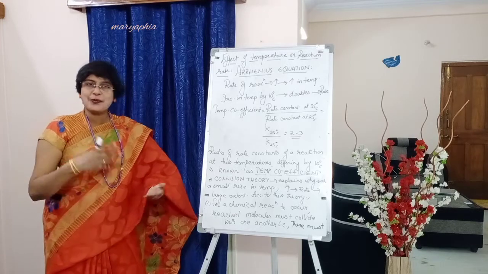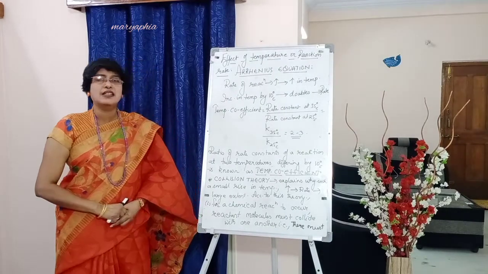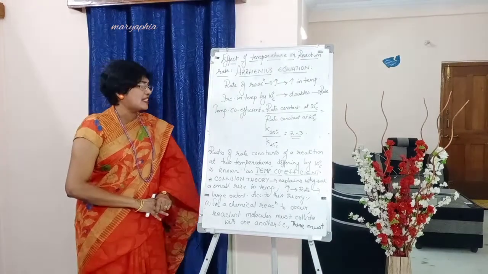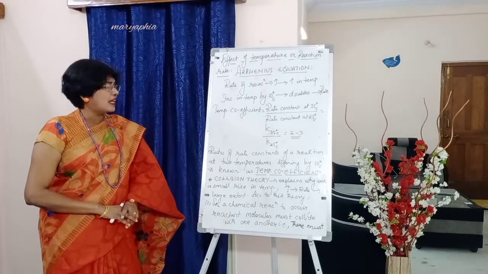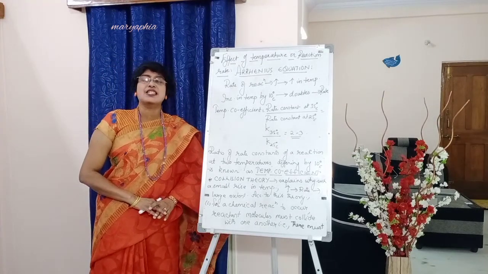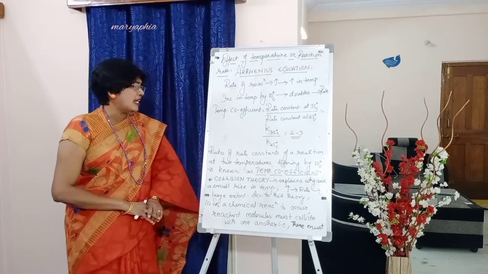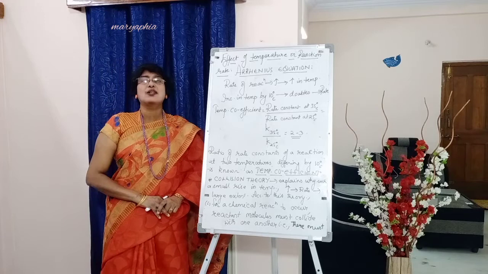Okay, so we'll put it in words. Below write down: the ratio of rate constants of a reaction at two temperatures differing by 10 degrees centigrade is known as the temperature coefficient, full stop.